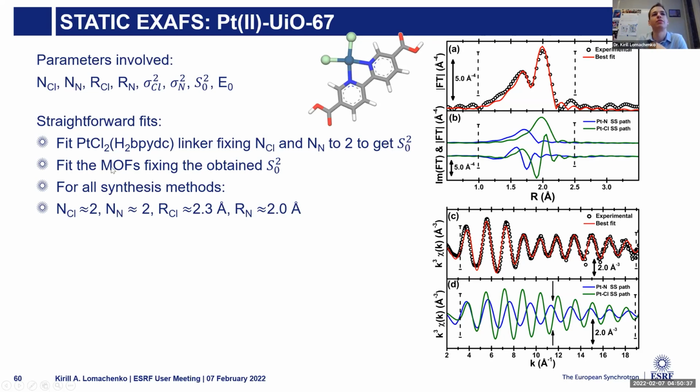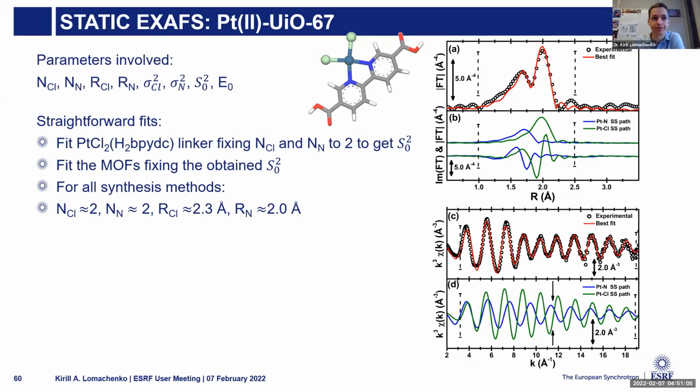Then we fit the spectrum of the MOF by fixing the S0 squared to the one we obtained for the linker. And we get coordination numbers of roughly 2 for chlorine and nitrogen. And of course, we also got the bond distances. Since the coordination numbers obtained for the MOF are equal to 2, it means that the platinum does not detach from the linker.